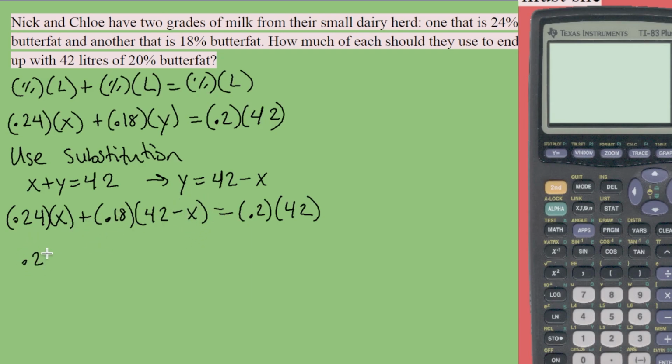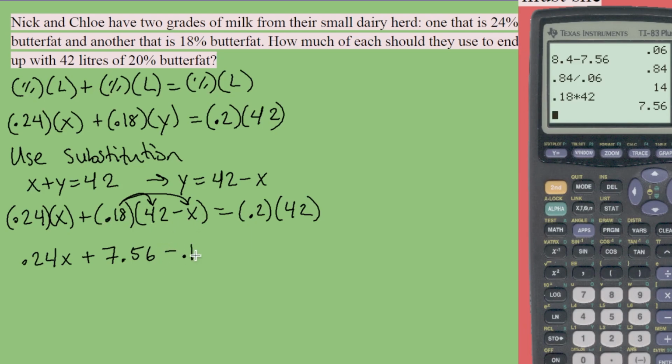This is just 0.24x. We can distribute the 0.18 times 42, that is 7.56, and that is now minus 0.18 times x equals 0.2 times 42, 8.4.